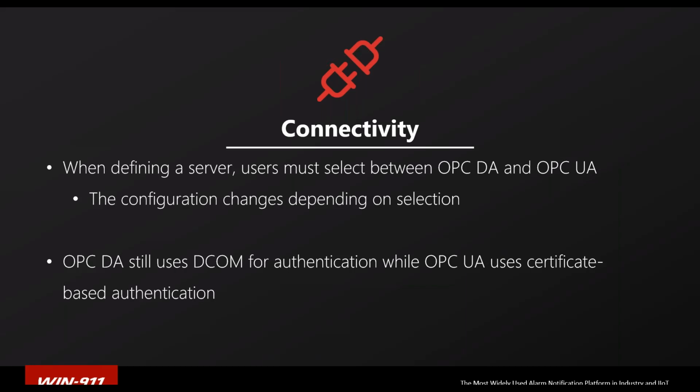OPC UA doesn't use DCOM, but you trade that complexity for certificate-based authentication, which, in my opinion, I prefer. When DCOM works, it's great, but when it doesn't work, it can be a huge pain to troubleshoot. OPC UA with certificate-based authentication, to me, has been significantly easier to use, and I haven't had many problems with it. And again, I do prefer it.